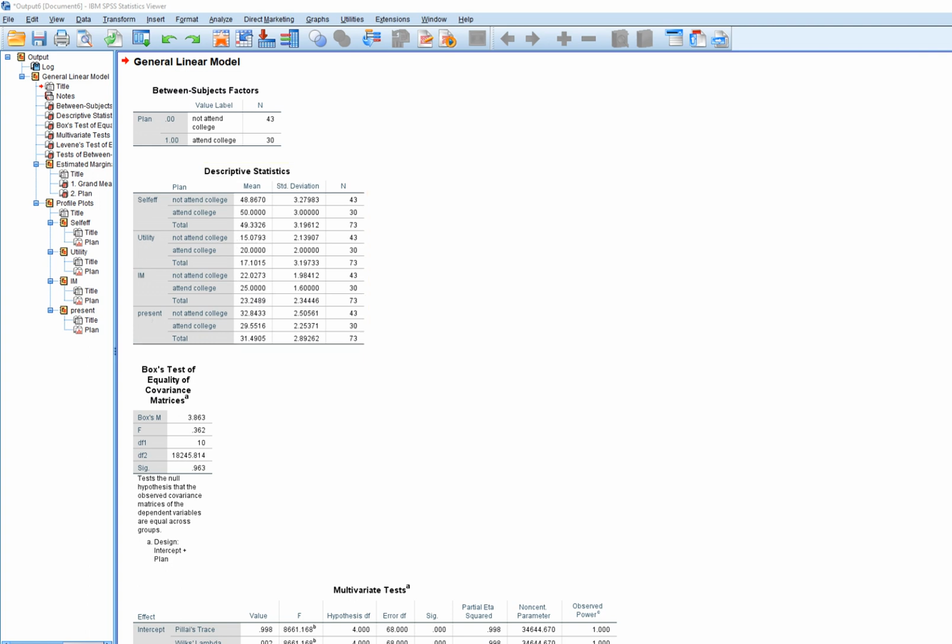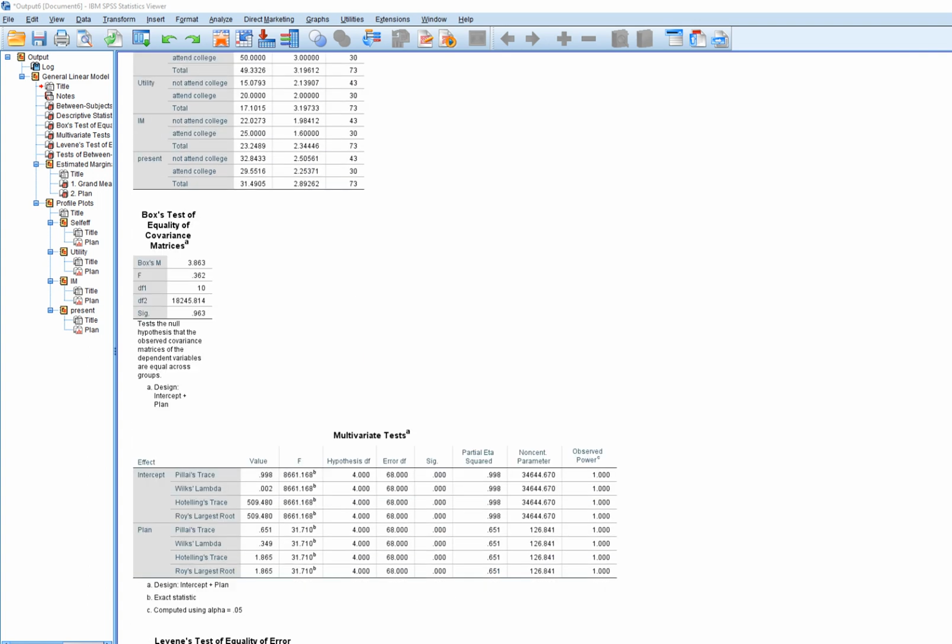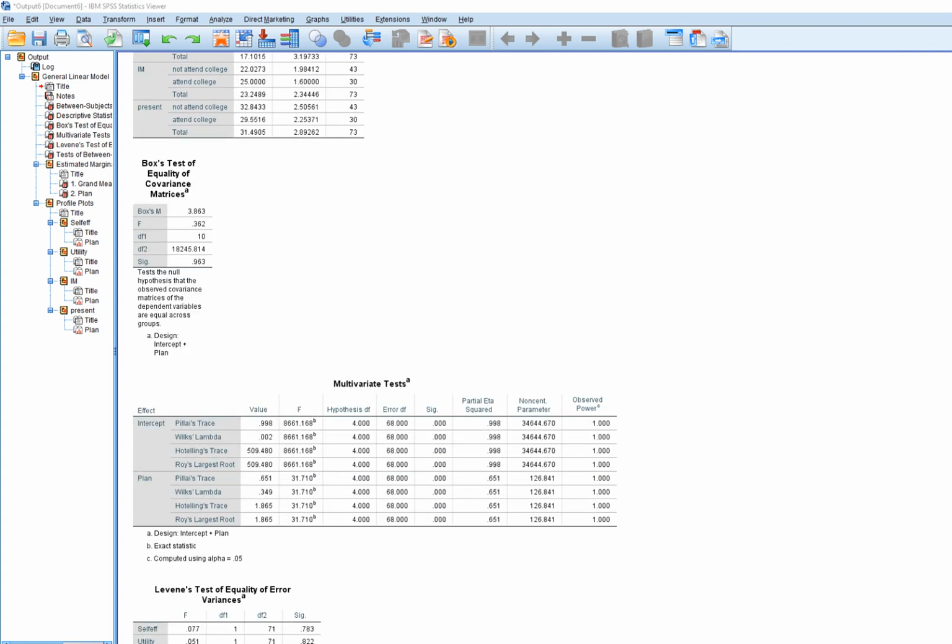You also see that we have the standard deviations for the variables in each group, and also the sample sizes associated with each group. Now, down here you'll see that we have the multivariate test results, and here's our independent variable.